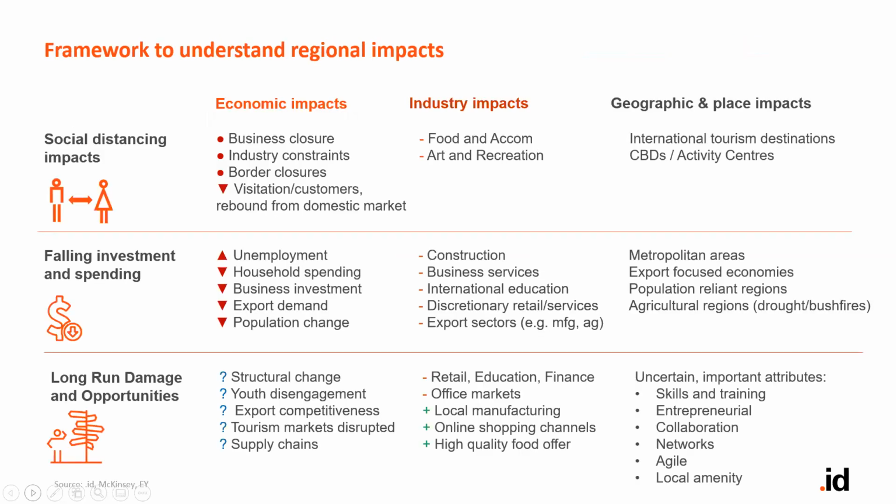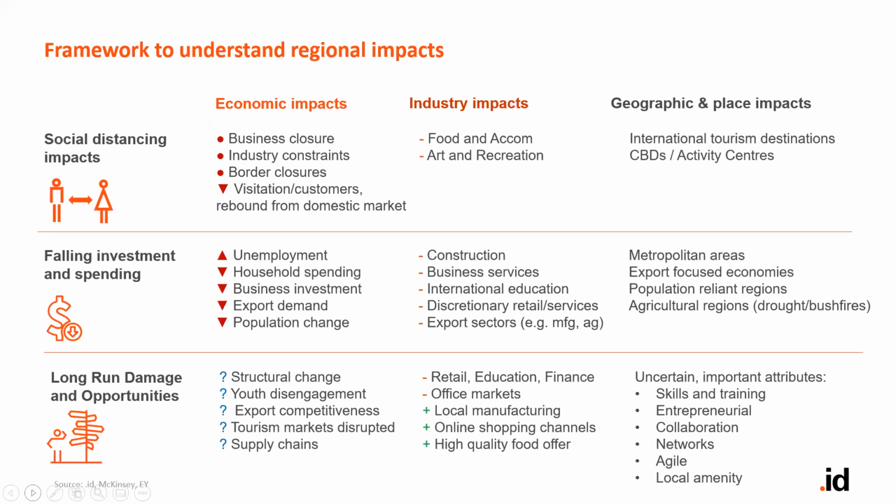So here's a framework to understand our regional impacts. I'm not going to drill right down into this. What I am going to say is that the social distancing impacts, for very good reason, impacted our international tourism destinations and any city centre or activity centre, regardless of how big your town is.